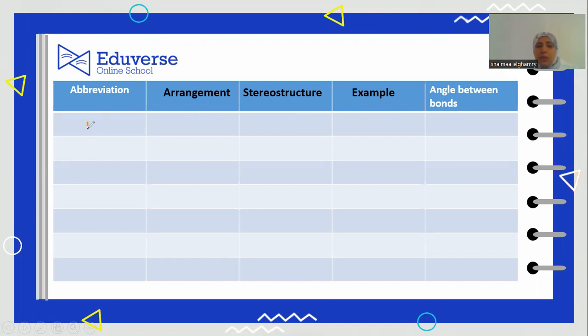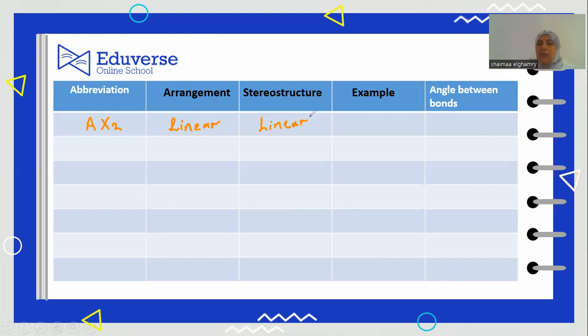If we have the abbreviation AX2, the arrangement of the bonds will be a linear arrangement. The stereostructure also will be linear.